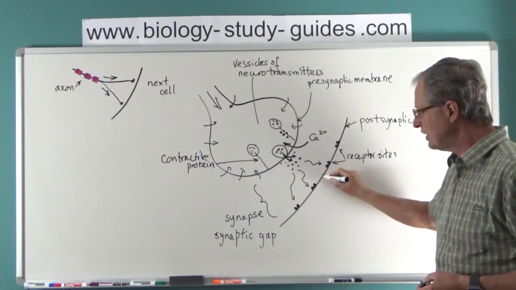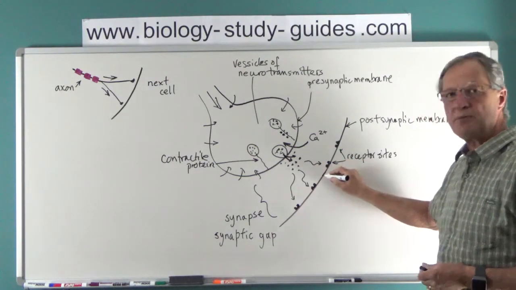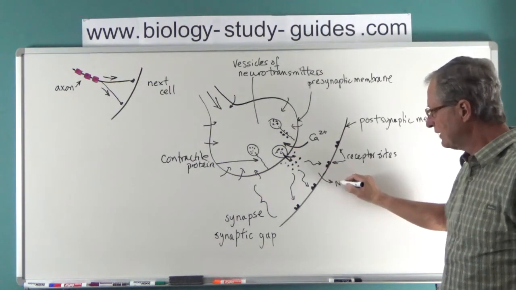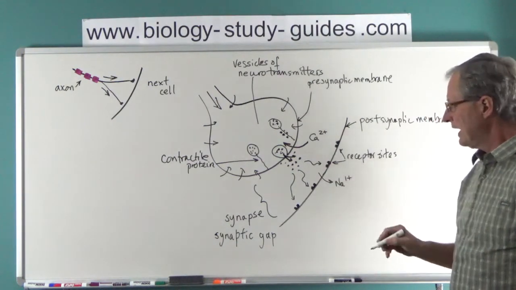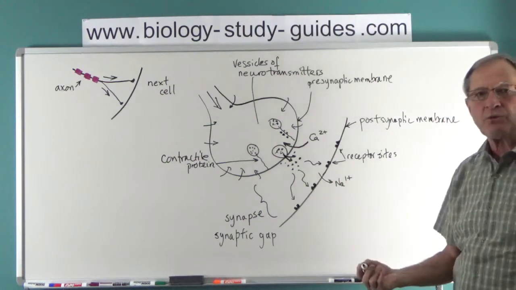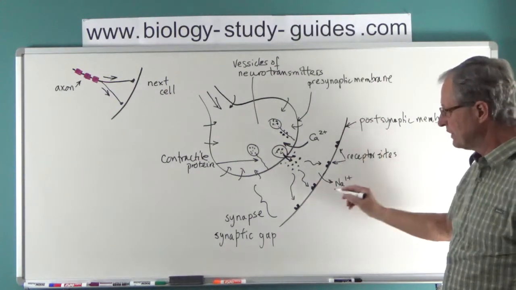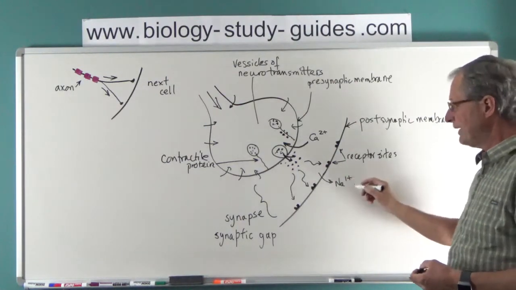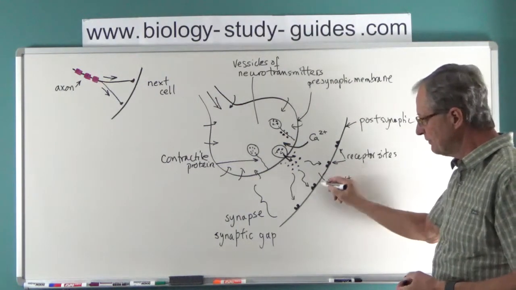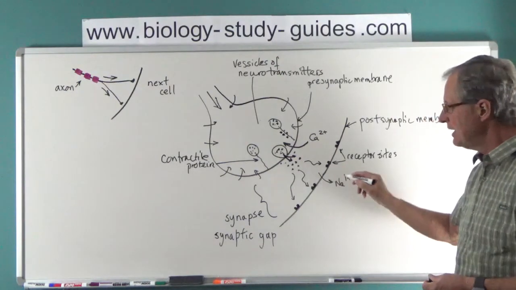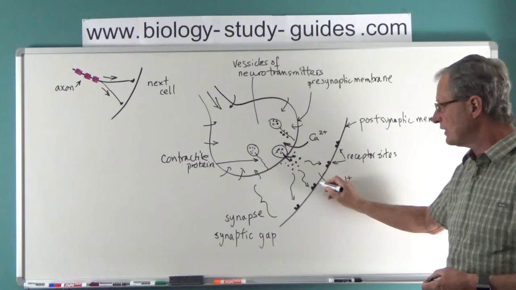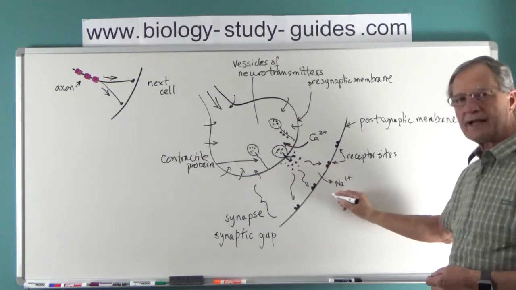And when it causes a change in this membrane, then it becomes so permeable to sodium, the sodium gates will open, sodium can enter here, and you realize that that's exactly what, if this was a nerve cell, started a nerve impulse transmission before. Sodium enters, potassium goes out, changes the permeability or polarity of that membrane, and we have transmission. The nerve impulse transmission has made it through to the next cell.